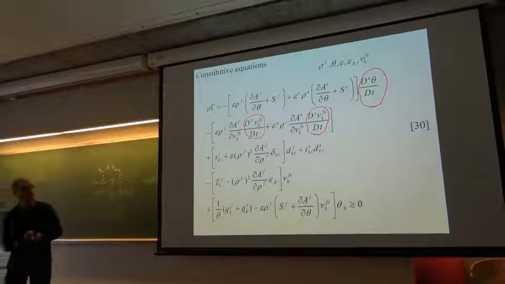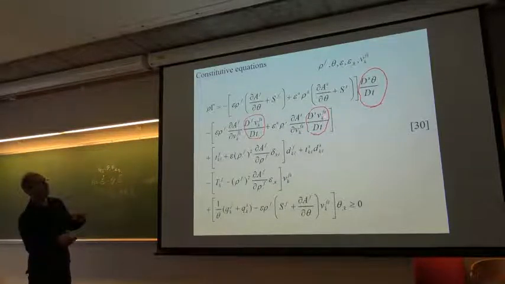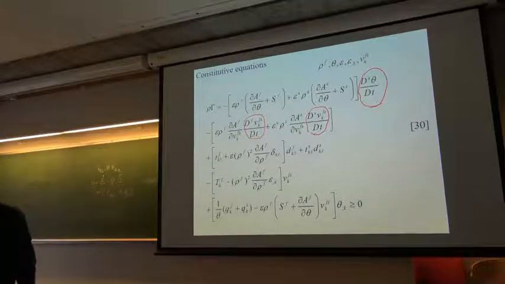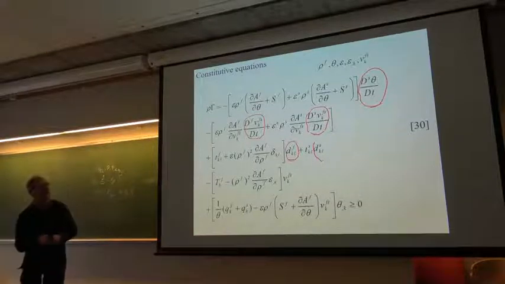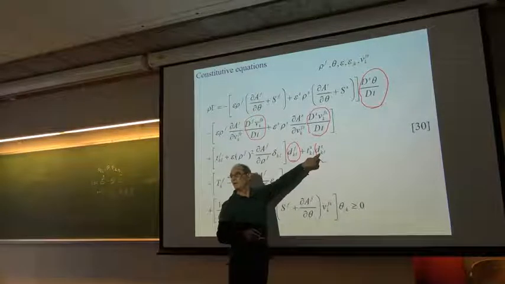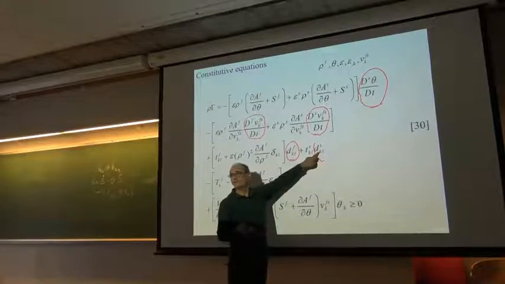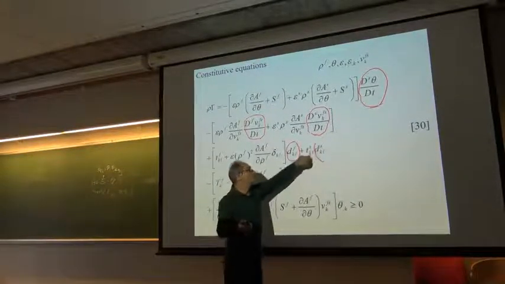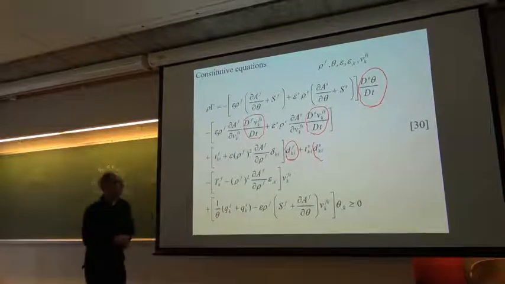I don't get into details, but then there would be a gradient of VFS that would be linear, so I leave it like that. No other term is a function of this. This I don't have to say anything about because it's rigid, so this is identically zero. There is no deformation rate for the solid, so this you can throw away.